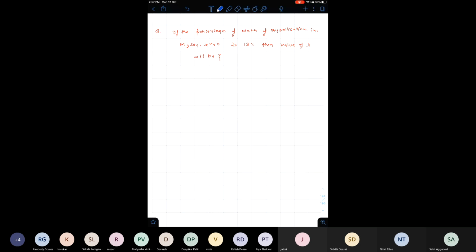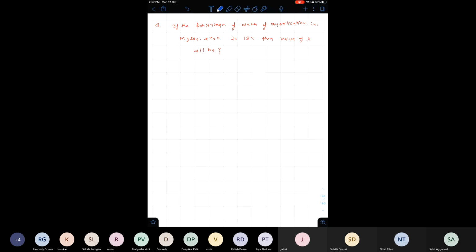How will you solve this? How to calculate percentage? Percentage of water will be mass of water divided by mass of compound into 100, right?